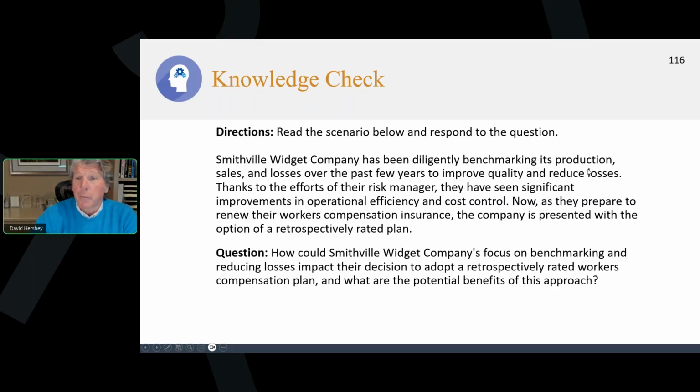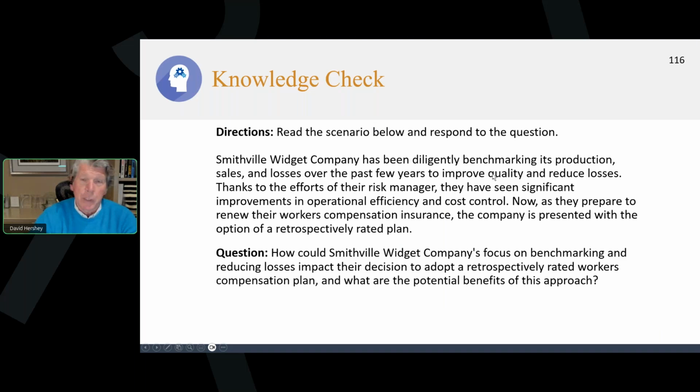And they're benchmarking production, sales, and losses. The fact that they're benchmarking losses tells me that's really intriguing, and they're clearly on the sophisticated side. They've been doing it for a few years to improve quality, and that's the manufacturing side.